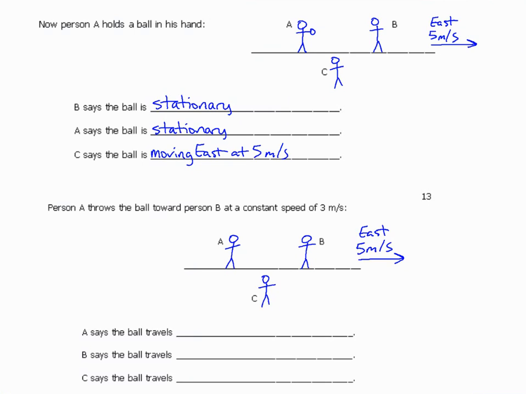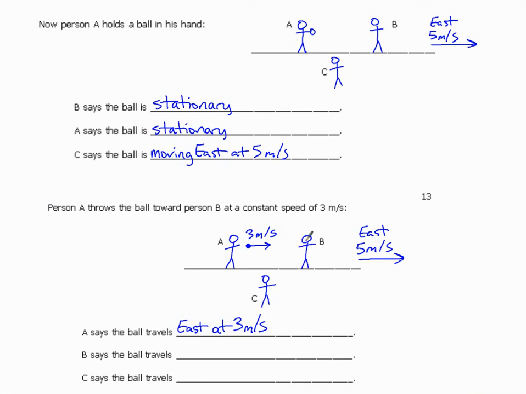In this situation, A is going to throw the ball towards person B at 3 meters per second. So what does each person say about the ball? Person A says the ball travels east at 3 meters per second.